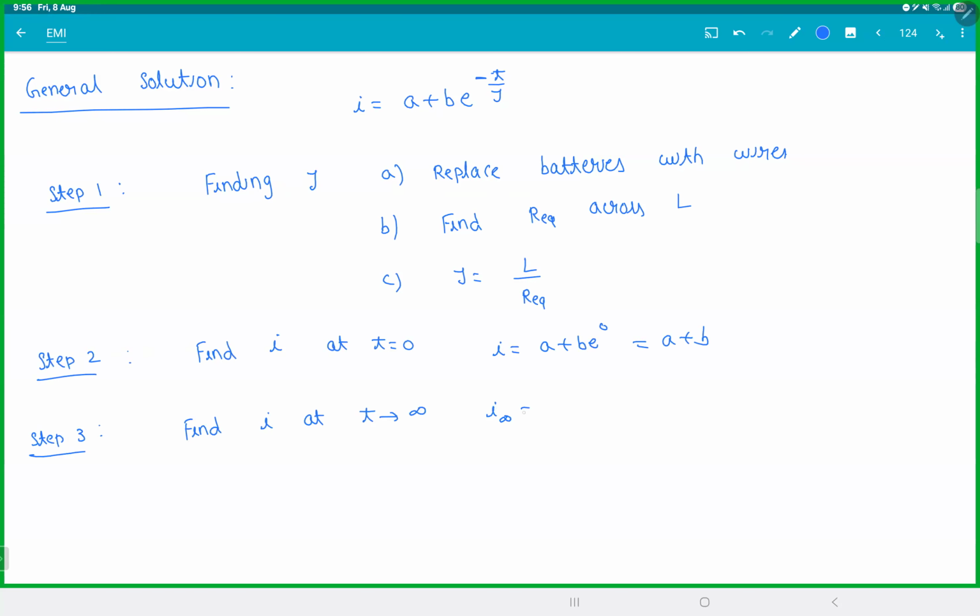And I infinity will be A plus B into e power minus infinity, which is A. There, three variables, three equations, you'll get everything. Clear with the process? It's the exact same thing we did in RC. Any doubts on the process?